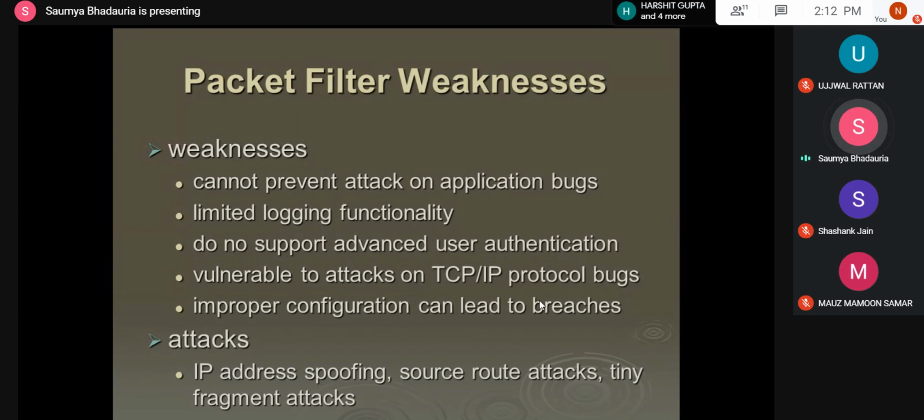When that intruder transmits packets to the internal host, where is that internal host present? Your internal host is present in a different network. So there are two networks. One is referred to as the inside network and the other as the outside network. So your attacker is present on the outside network and he transmits packets to the inside network.